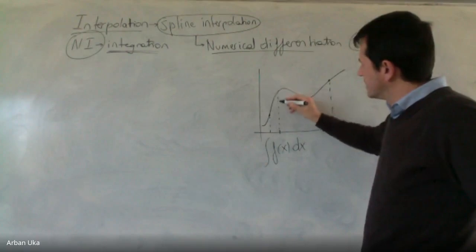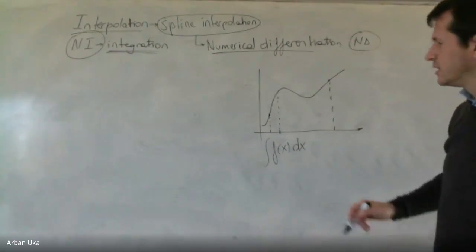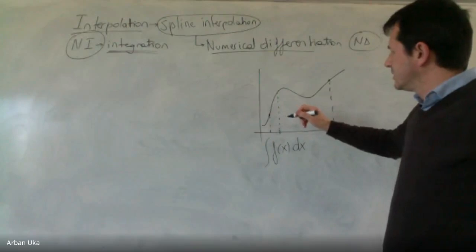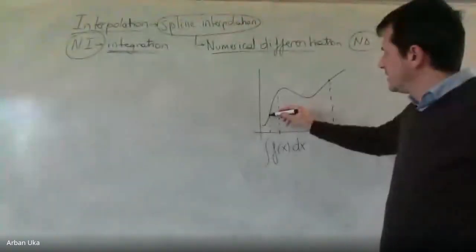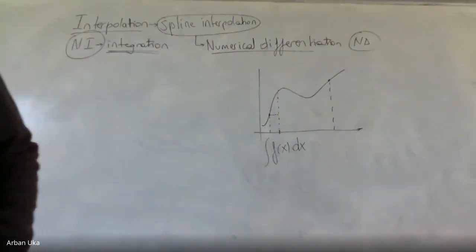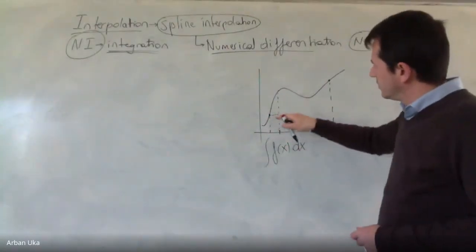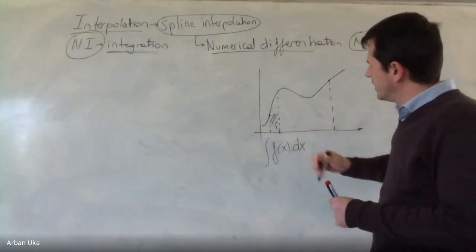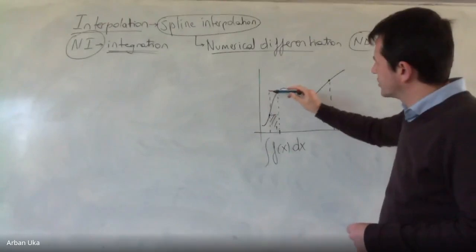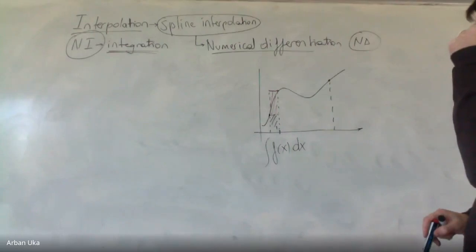To calculate the area here, there are quite a few approaches. One approach would be to use this value of the function and calculate the area here in black. Or you could use the other value of the function and calculate this area. So this will be the partial integration in this region.